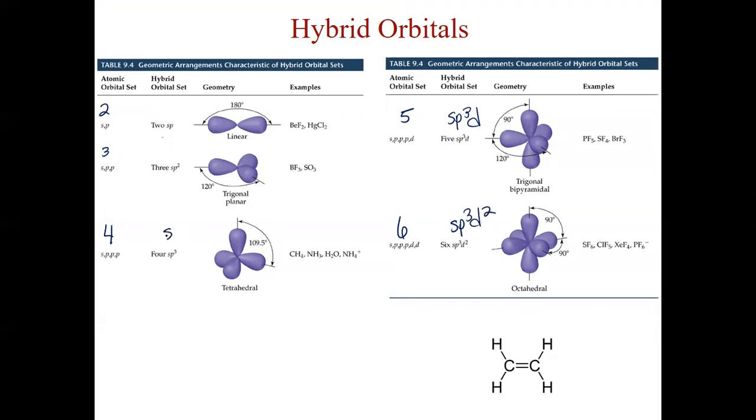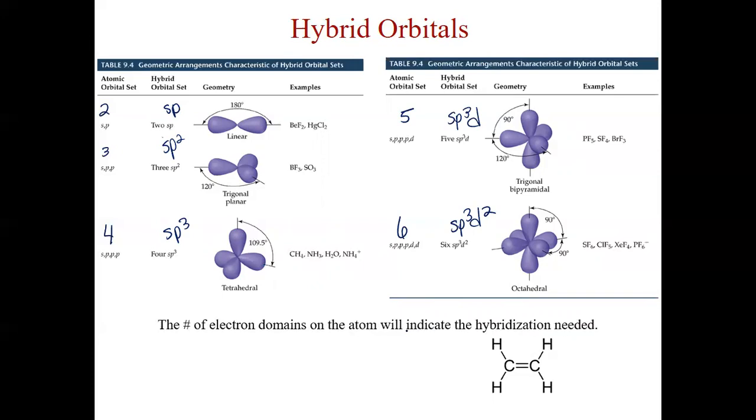So I'm just going to write what these hybridizations are a little bit bigger for you to see. Thinking about the number of electron domains on an atom will indicate the hybridization needed.